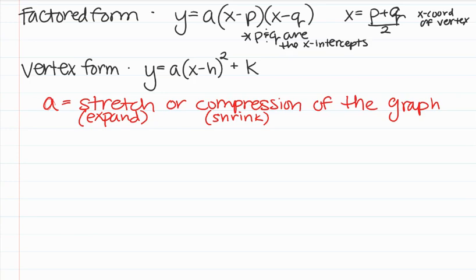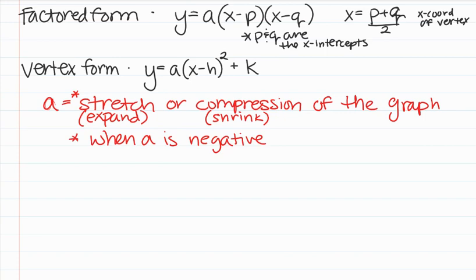And when a is negative, if you remember from our exponential functions and from the last lesson on factored form, the a still determines the direction that the parabola is in, or the direction of the exponential function.